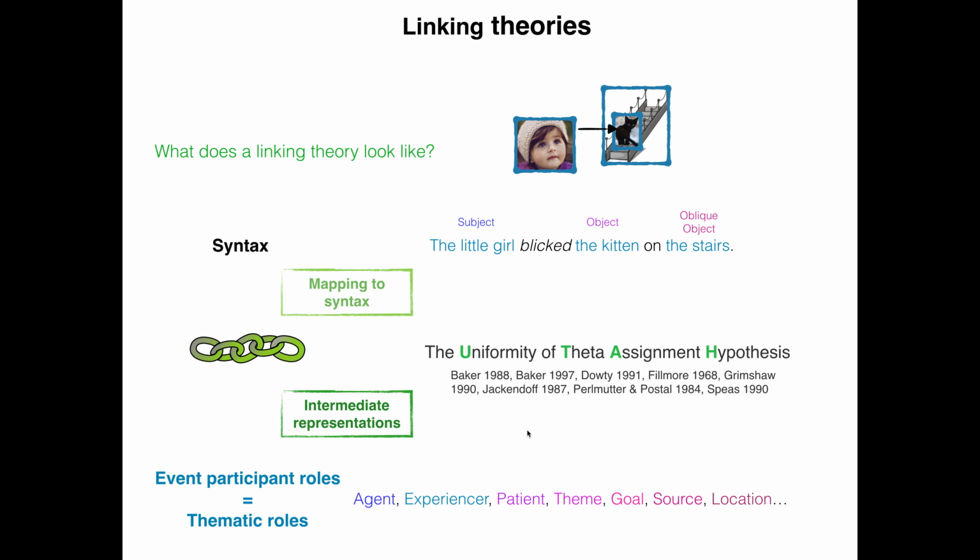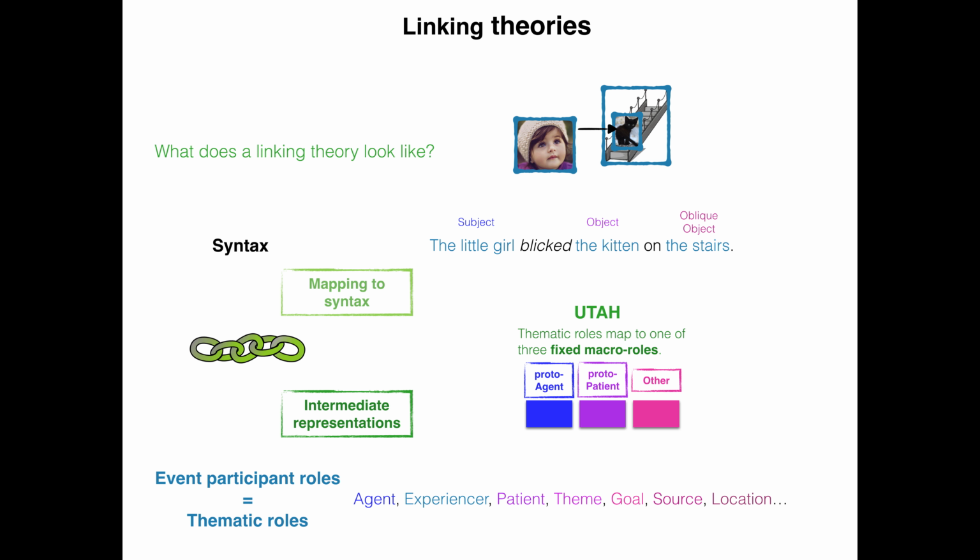So the first one is the uniformity of theta assignment hypothesis, or UTAH for short. And the idea with UTAH is that the thematic roles that we have down here, however many there are, map to one of three fixed macro or proto-roles. So you have proto-agents, the ones that tend to be doers, those map to proto-agent.